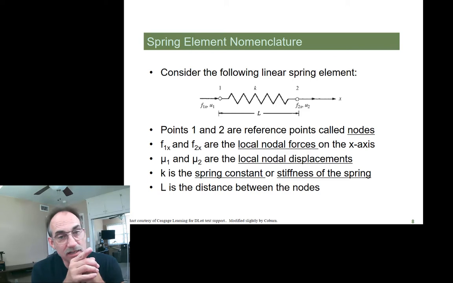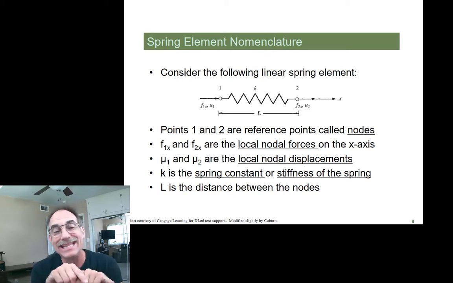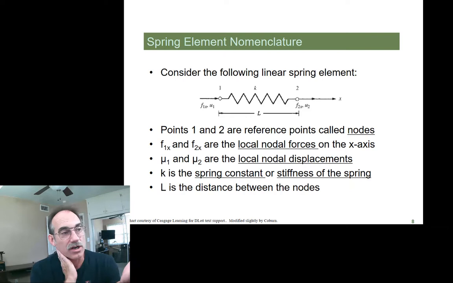We're going to use the nomenclature little f, which means it's the elemental force, in element 1, at node 1, that's a little subscript 1, in the x direction. You'll notice it's pointing to the right. That's because our x coordinate system is oriented to the right, and so a positive force is not necessarily one that's tension, it's one that's aimed in the x direction.